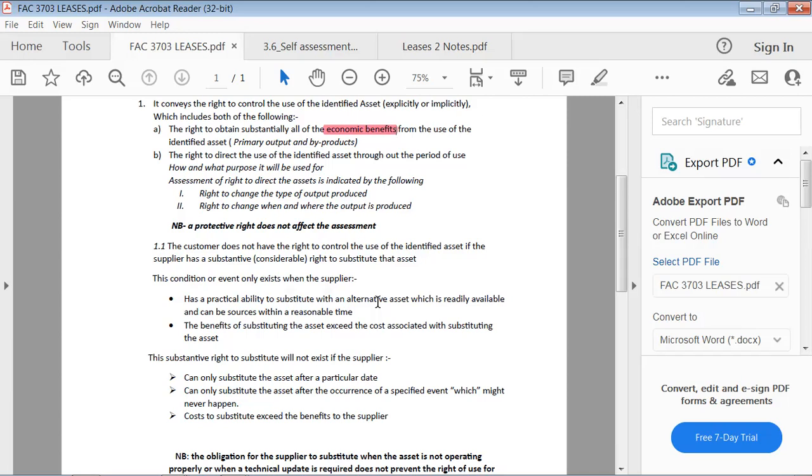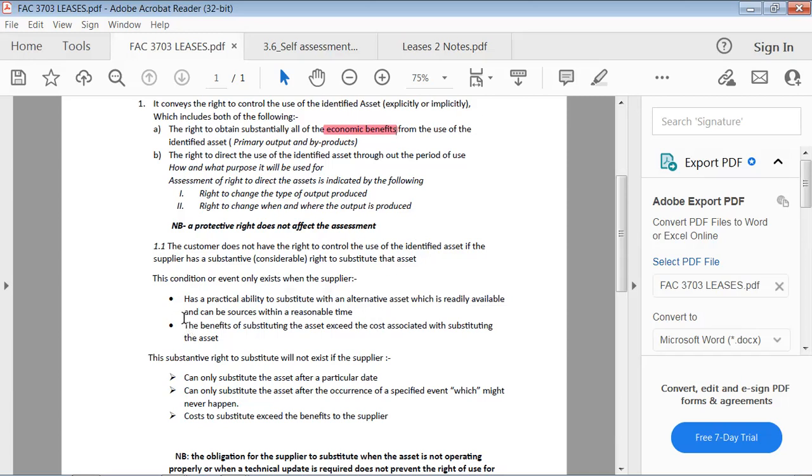While you are busy in Santim sourcing your customers, I call you and say, can you bring in that vehicle? I need to use it. So I can substitute. Those are the indicators that the supplier has substitution powers.